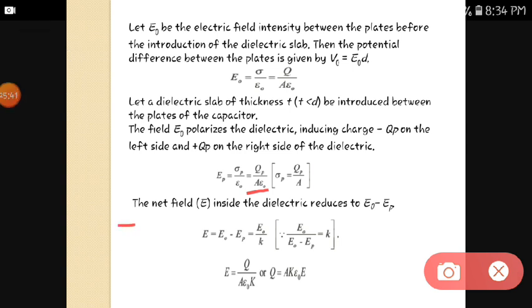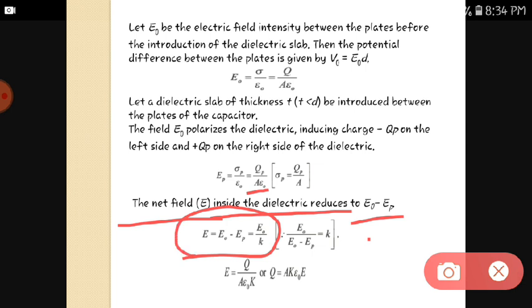Fine. Now what will be the net field inside the dielectric? It got reduced. Why did it get reduced? Due to polarization. So it is E0 minus EP. This also we have derived. E is equal to E0 minus EP, which is nothing but E0 divided by K.